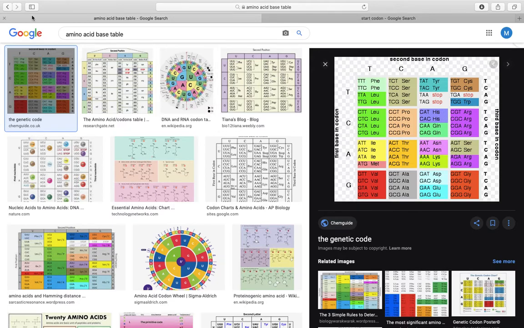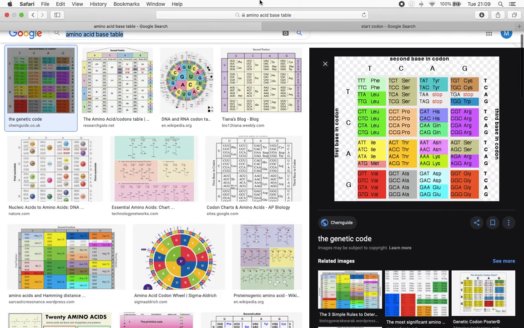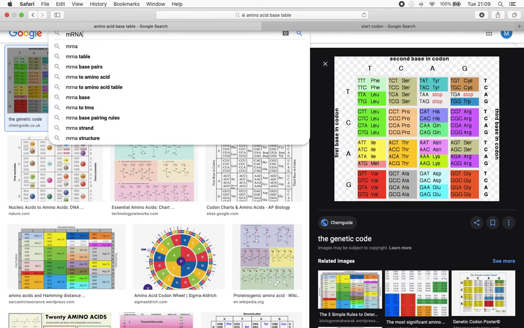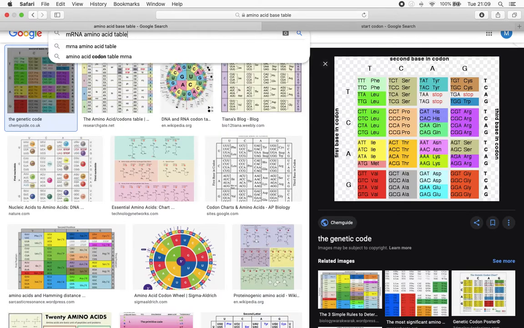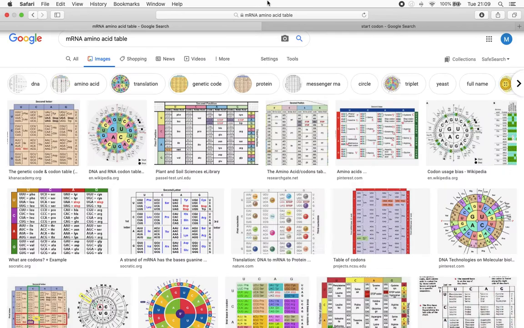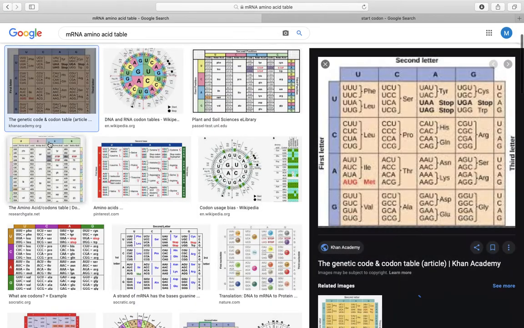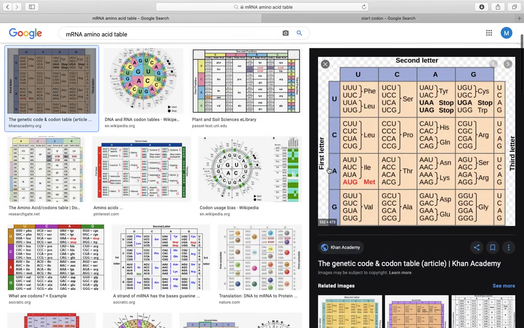So we want our mRNA amino acid table. See what comes up. So we've got AUG. This would be leucine.